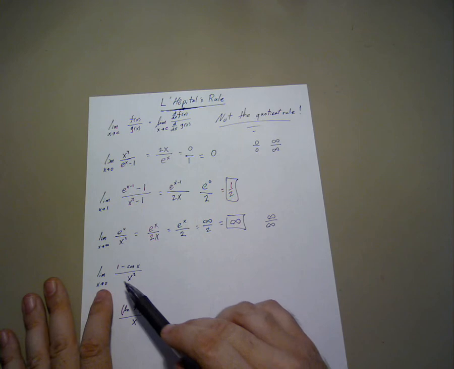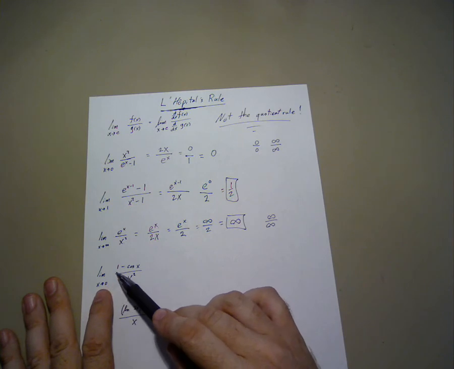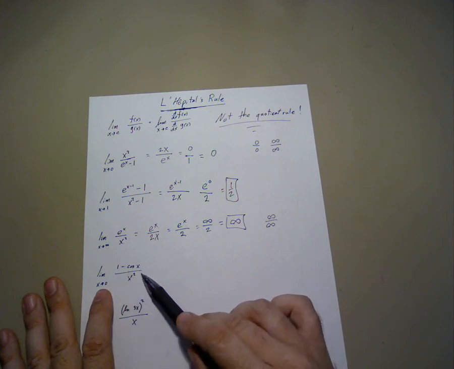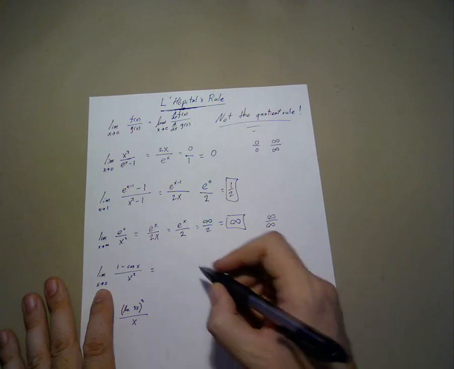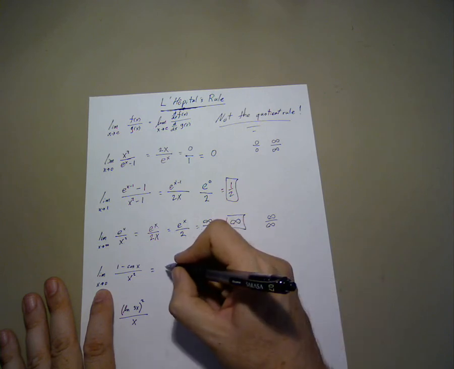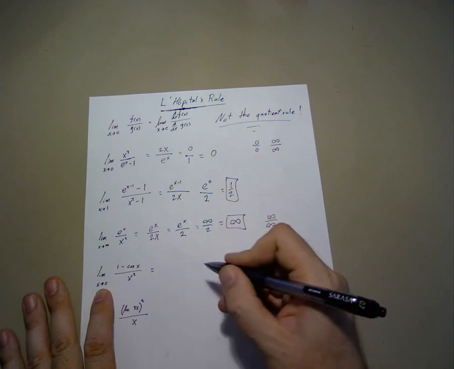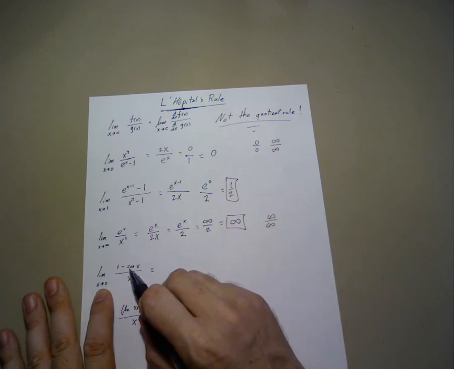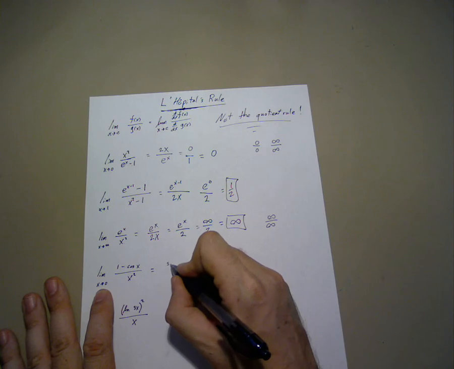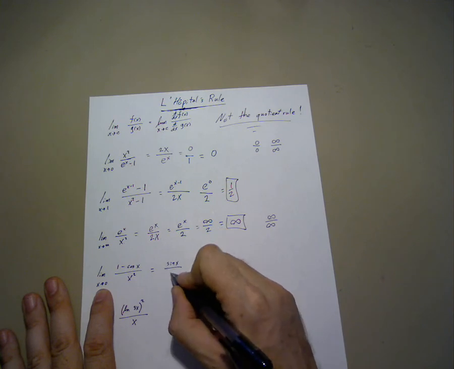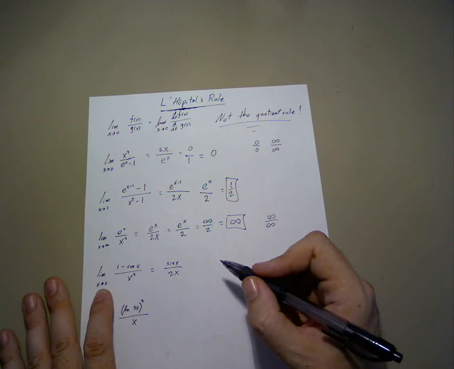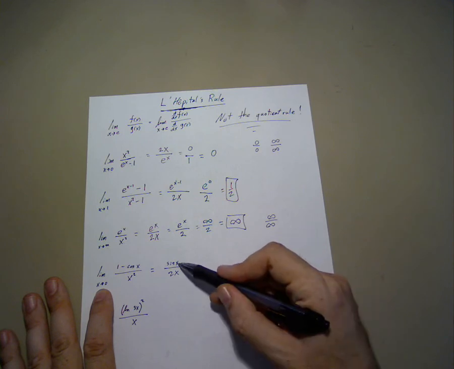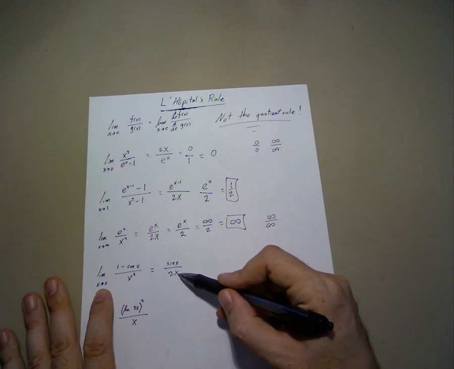In this problem, as x goes to 0, we get a 0 over 0 form. If we take the derivative, the derivative of a cosine is a negative sine, so the derivative of a negative cosine is a positive sine x over 2x. In this case, the derivative of sine x is cosine x, and the derivative of 2x is 2.